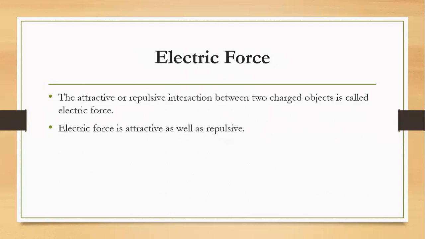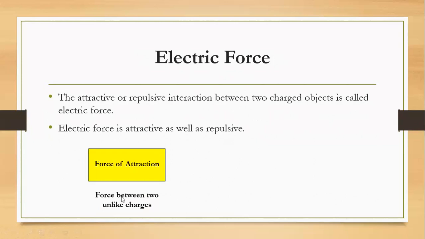First of all, we see when the force will be attractive. The force between two unlike charges will be the attractive force. Here unlike means the charges have an opposite nature. Opposite nature means if one charge is positive, the other must be negative. If one is negative, the other must be positive. And the force between these opposite charges is the force of attraction.